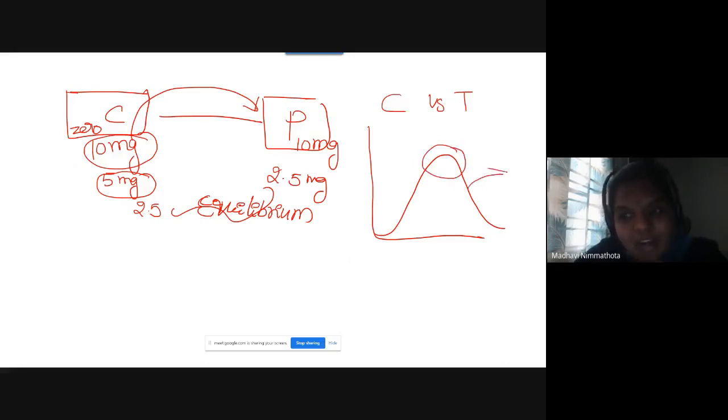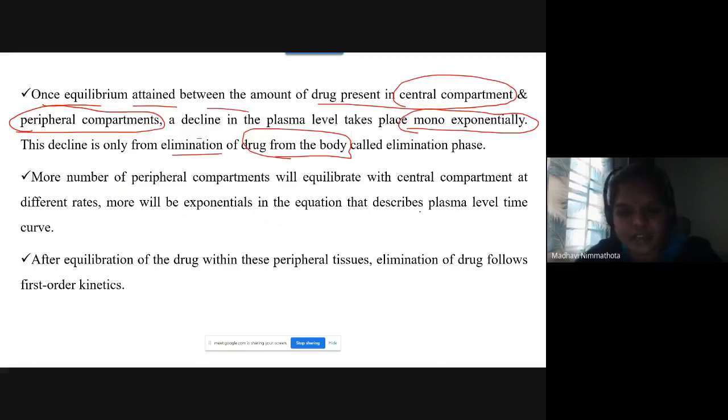Why is this decline happening? This decline is happening because of the elimination phase, not the distribution phase. You have to remember that the decline of the plasma drug concentration happens only through the elimination phase, not the distribution phase, right?